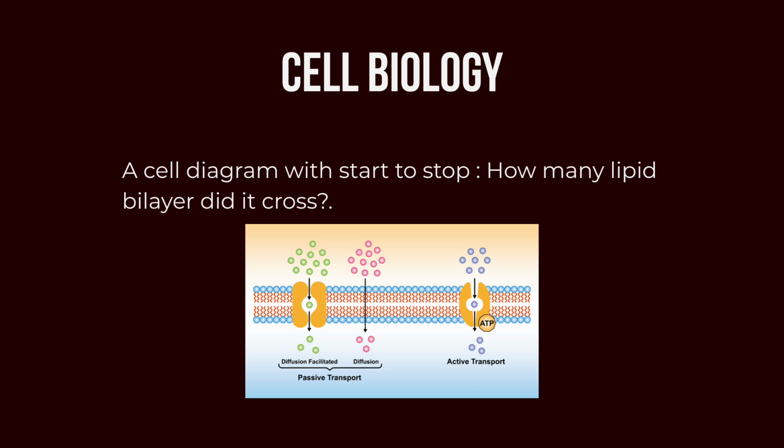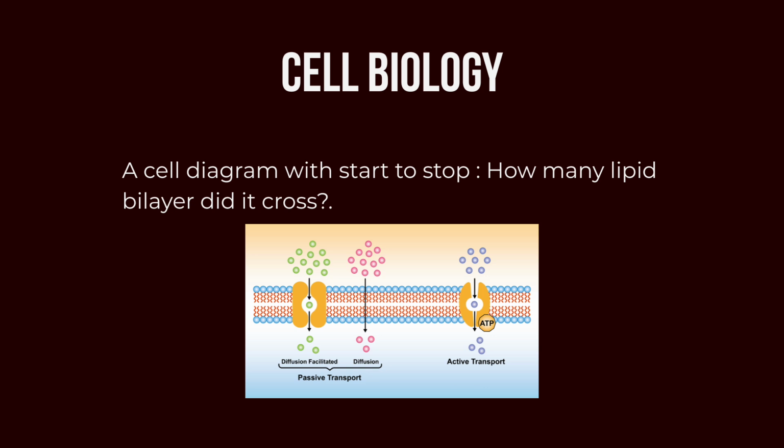So, from the start till the stop, there was a line, and it was crossing the organelles that were present. So, the endoplasmic reticulum, nucleus, mitochondria, all these were shown there. So the line was crossing all these organelles. Now the question was, how many lipid bilayers did it cross? So we just have to count the number of lipid bilayers.